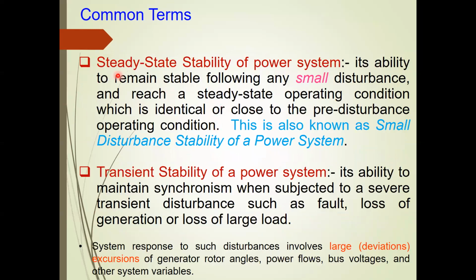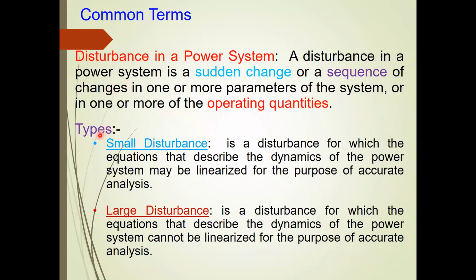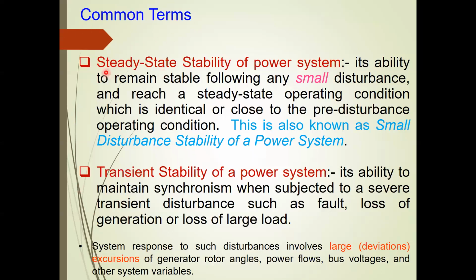Next, we have the term steady state stability of power system. Earlier, we defined stability. Now, based on small disturbances or large disturbances, we have these two terms, steady state stability or transient stability.